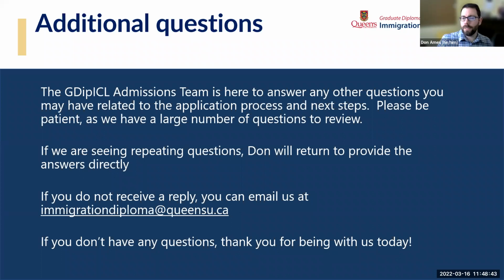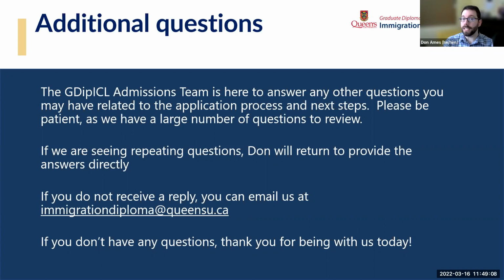One of the things I forgot to mention, I'll be jumping back in here to answer any additional questions that may be coming up consistently. We are receiving a lot of questions from people asking about receiving an update on their status. We don't provide updates on status currently, aside from whether your application is received or if there are still outstanding things that you need to provide. So take a look in the SGS application system to see if there's anything outstanding.